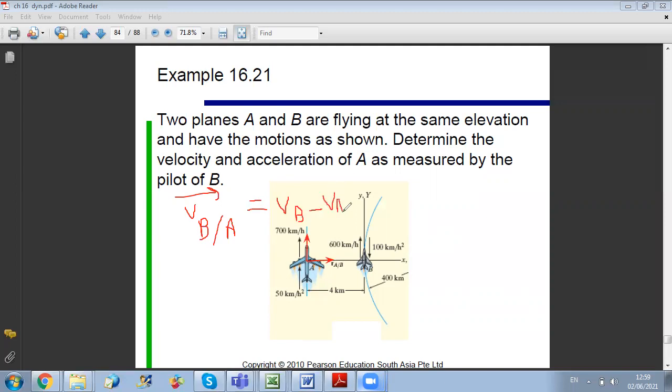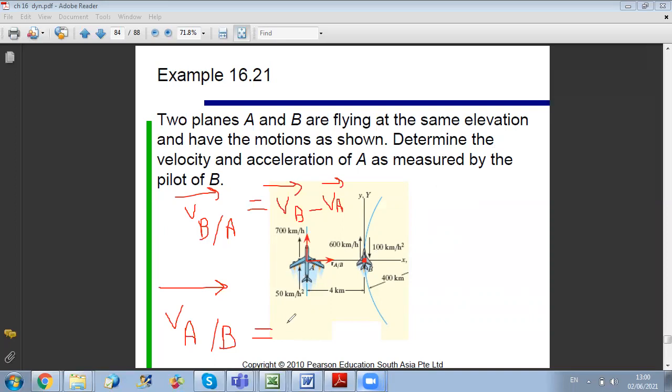But I gave you a remark, and I told you it's not possible to do the opposite. I cannot say that VA relative to B is VA minus VB. Why? Because plane B is rotating. So if I put a frame on B, it will not be translating. If the frame is fixed to the airplane B, it will rotate.